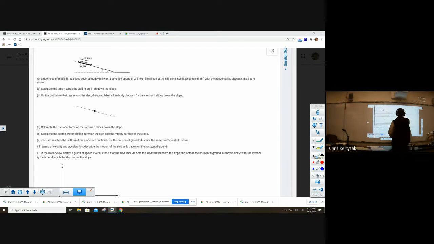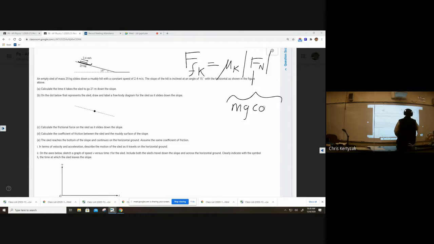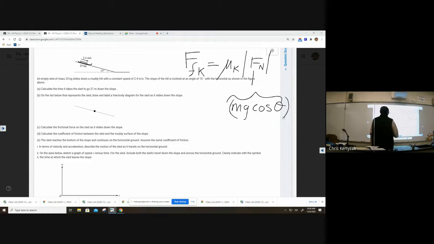So if we know again that the sliding friction in general is mu times the normal force, and we know that the normal force is mg cos theta, because the gravity component in the x direction is mg sine theta. So that's the general expression for the amount of force.